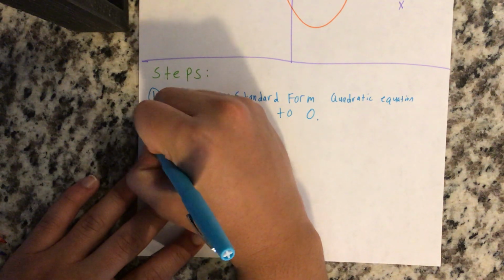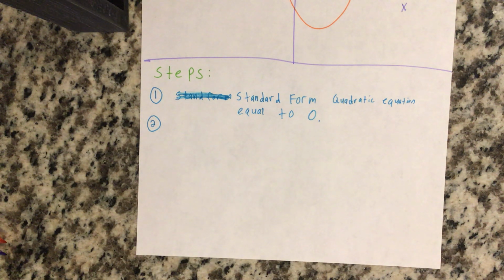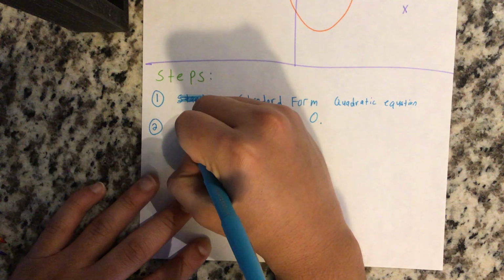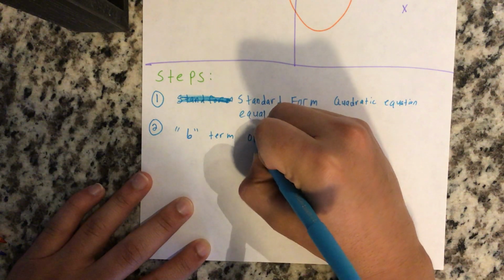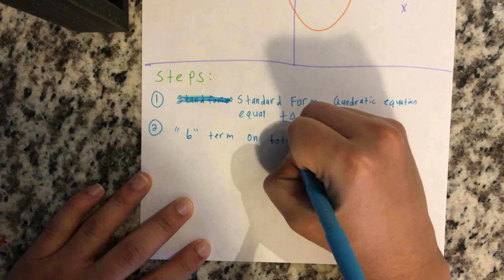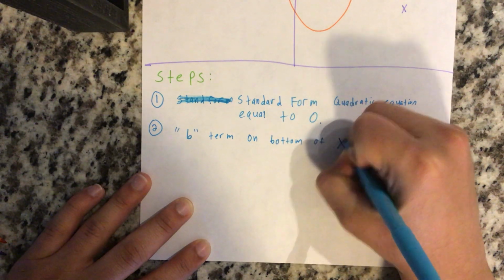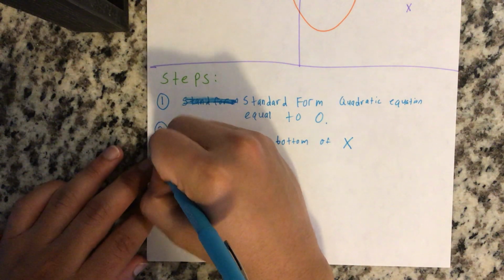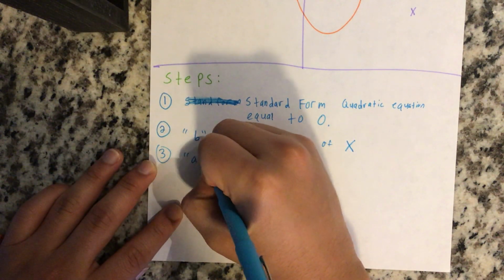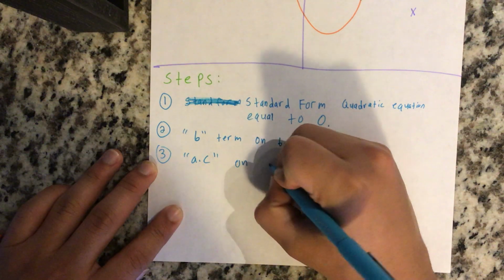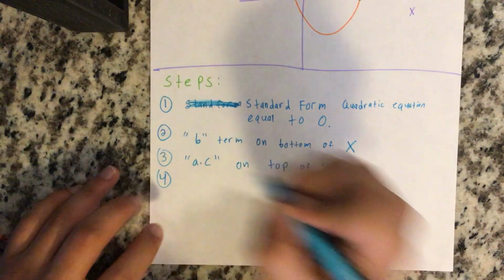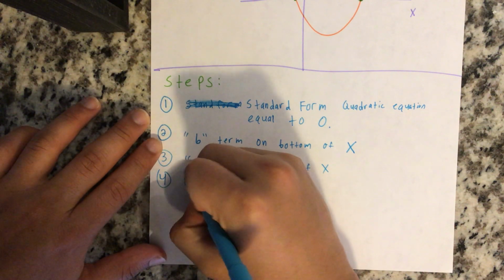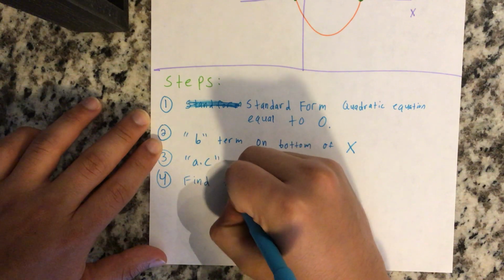Step two is going to be, and these steps just follow the factoring steps from last week, remember we put the b term at the bottom of the x. Remember we draw the x to factor. Step three, we do a times c on top of the x. Step four, remember we find what goes in the boxes, so we find the factors.